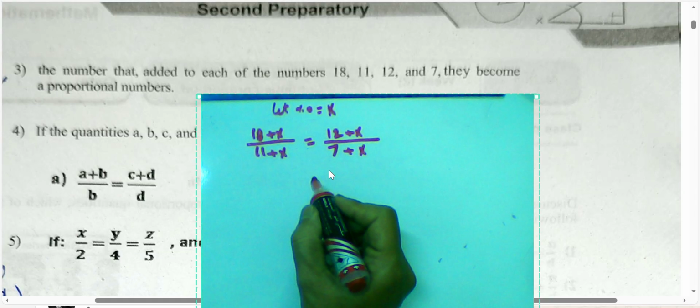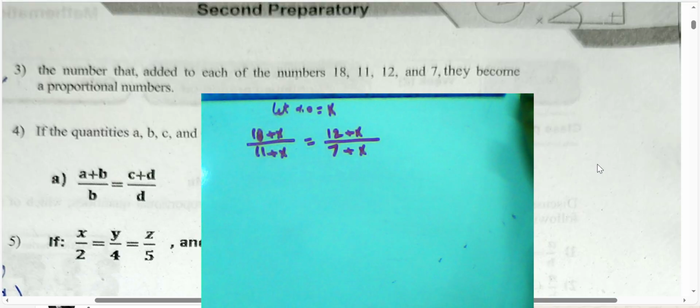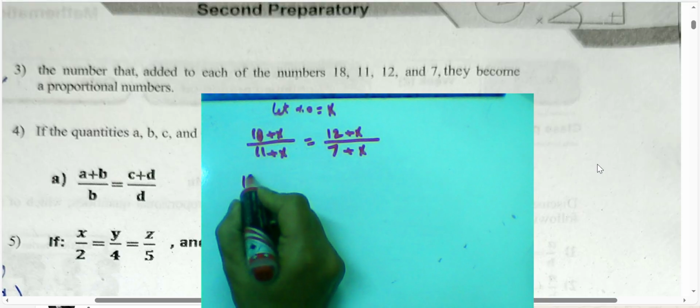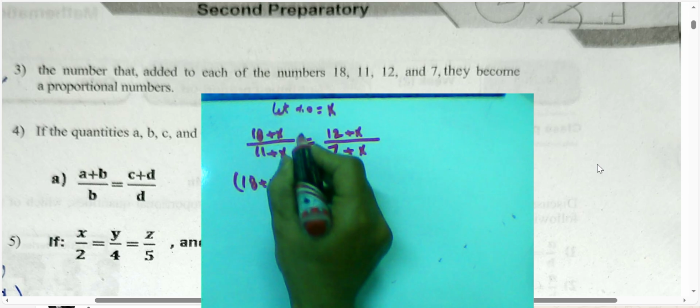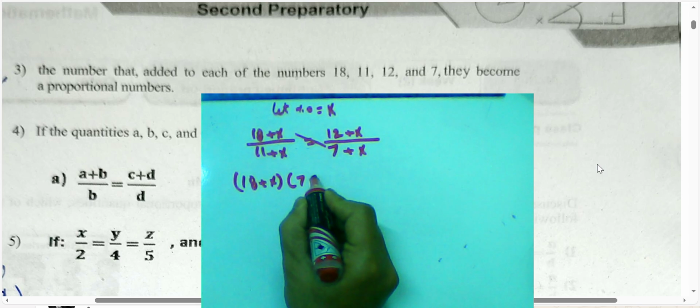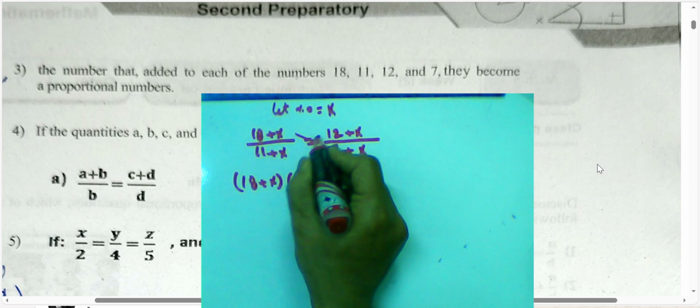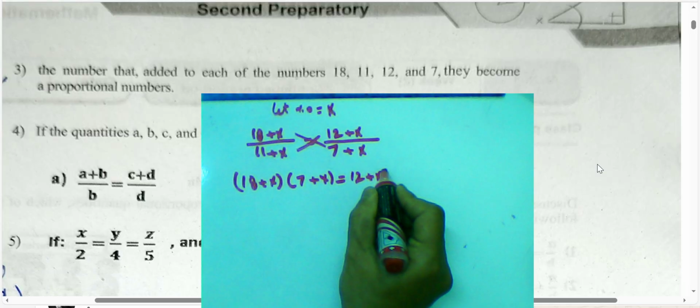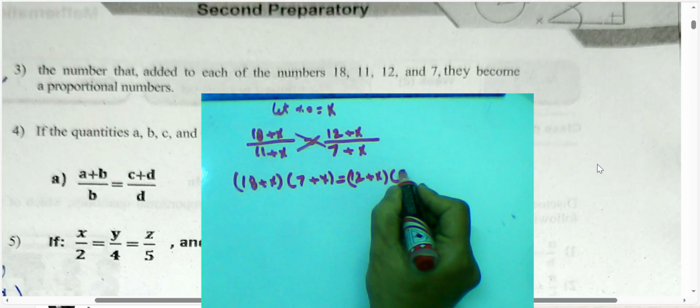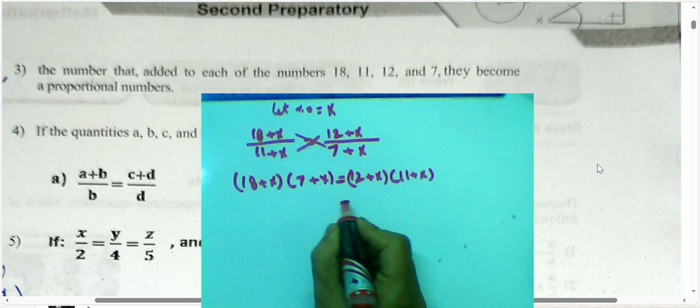And then use properties. The product of extremes equals the product of means. 18 plus x product by 7 plus x equals 12 plus x product by 11 plus x.